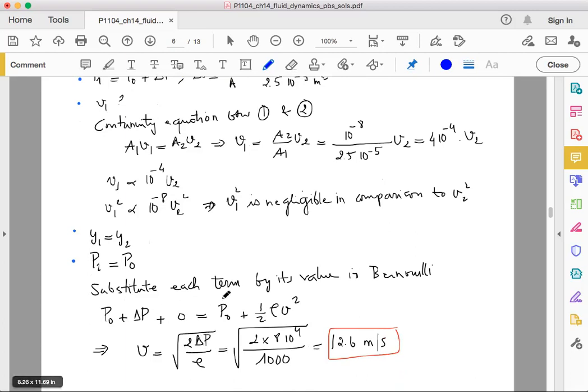So P node and P node on both sides cancel out. And so we end up with V equals the square root of 2 multiplied by delta P divided by rho, which is given by 12.6 meters per second.